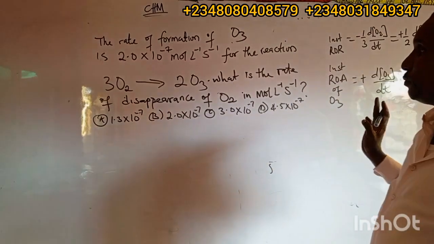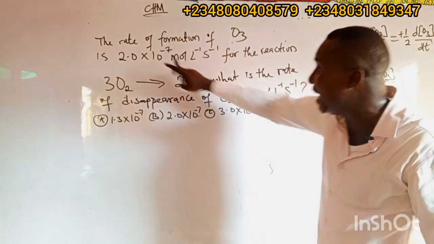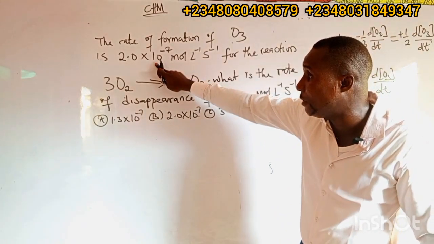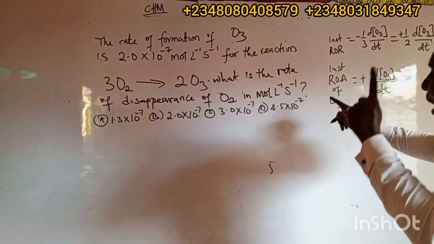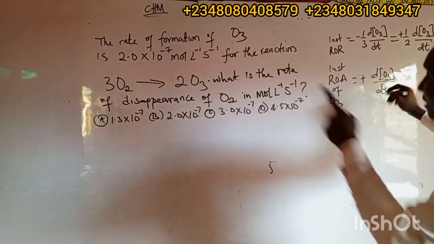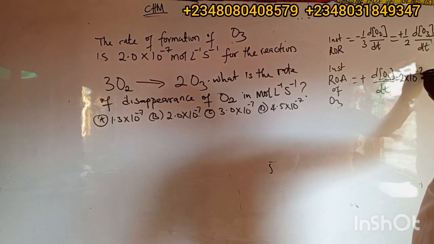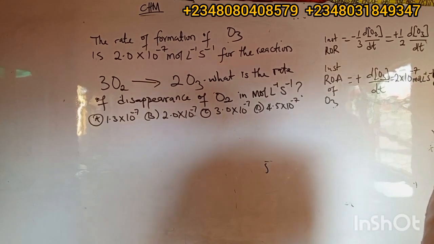That is very simple. And the rate of formation of O3 is given as 2.0 times 10 raised to the power minus 7. That means the rate of appearance of O3 is 2 times 10 raised to the power minus 7 mole per liter per second.